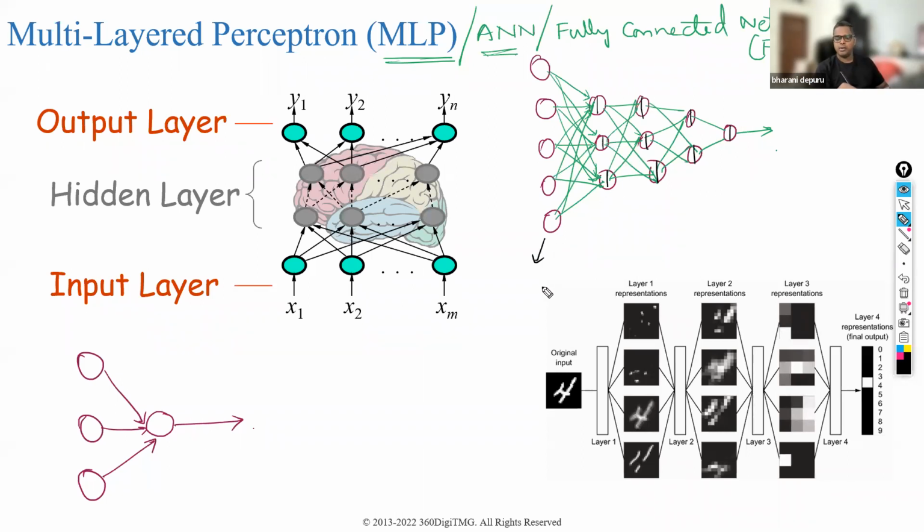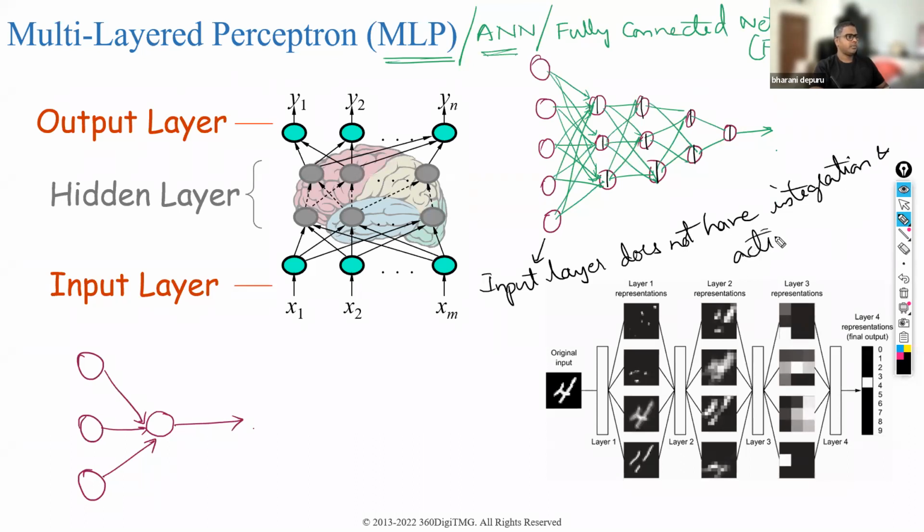Only the input layer does not have integration and activation components. Except for this, all the other neurons will have both.